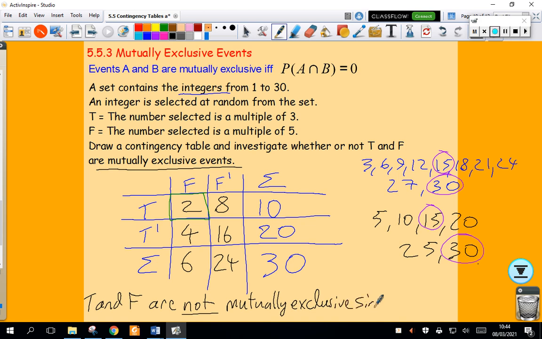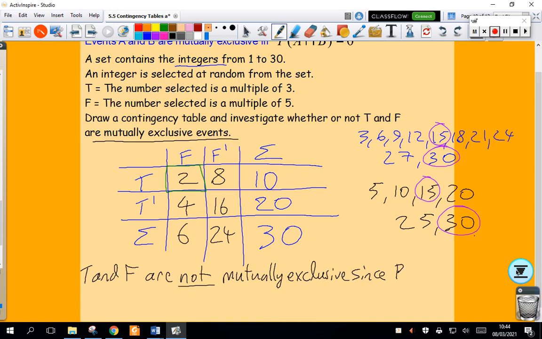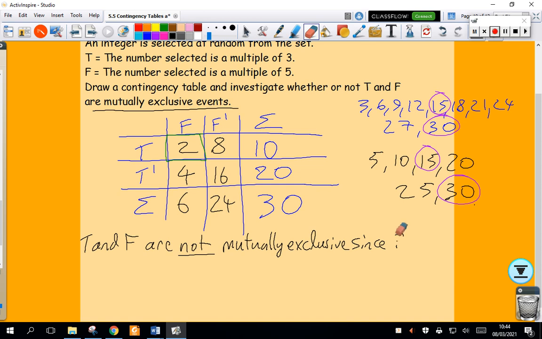Since the probability of T intersection F is equal to what? Well, it's 2 out of 30, and that is not equal to 0.